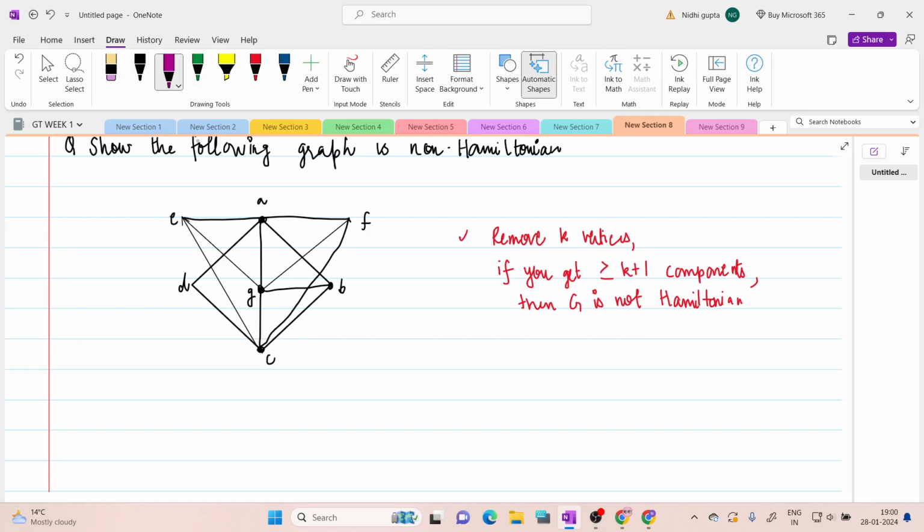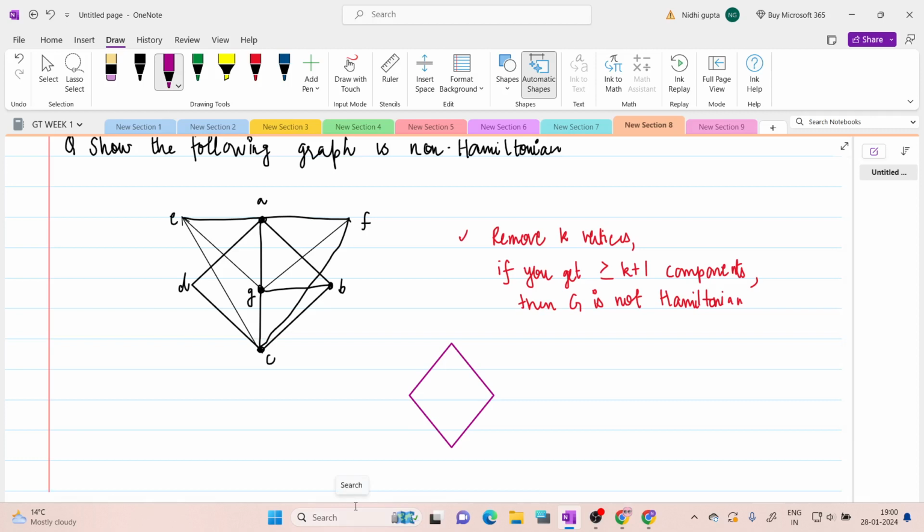But let's see, if we remove G, then also this graph is connected, because you have this big square, and E and F are connected by A. So maybe removing one vertex is not helping.